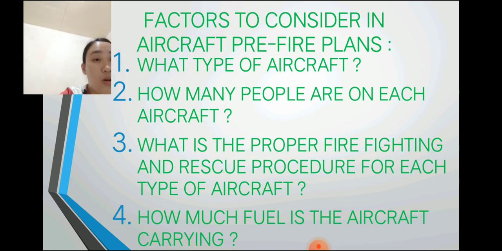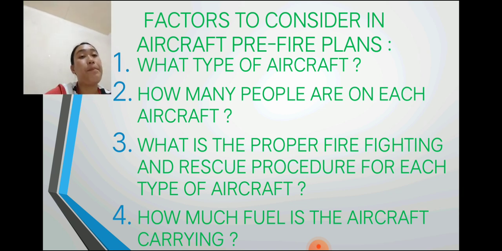What types of aircraft? Your plans must include each type of mission-assigned aircraft. How many people are on each aircraft? The safety of individuals should be your priority, and you formulate plans around the number of people to be rescued.